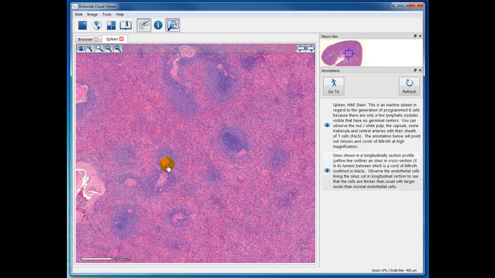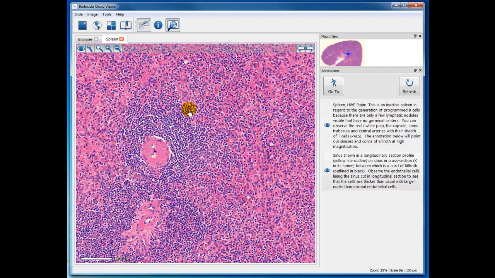Now let's pick another area. Here is a central artery where it has a cuff of lymphocytes. Here's the artery, here's a cuff of lymphocytes, and this is what runs throughout the spleen, and occasionally you have the nodules that we just saw. And that cuff, the concentration of lymphocytes there, are mostly T lymphocytes.